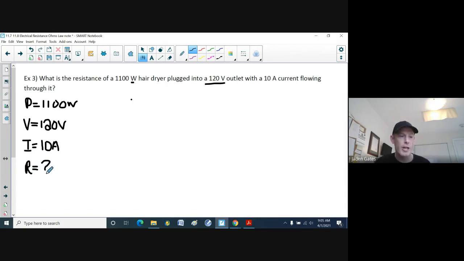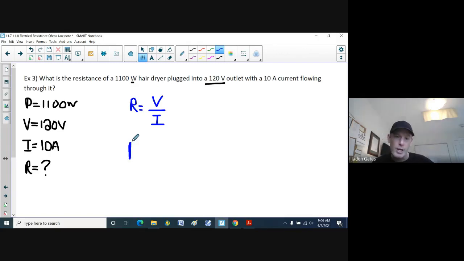All right, so again, looking at my equation triangle for resistance, I have R is equal to V over I. And what you'll see here is I don't need power. I have it, but I don't need it. I always call that a cement of a question, because it's just in there to make it hard and confuse you.